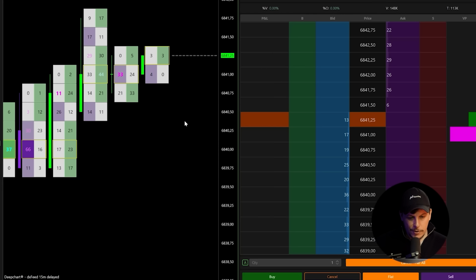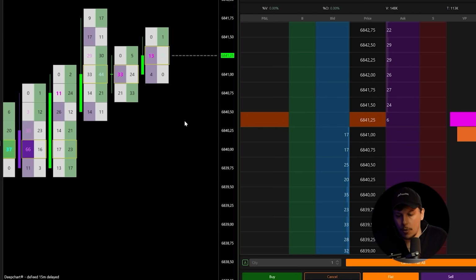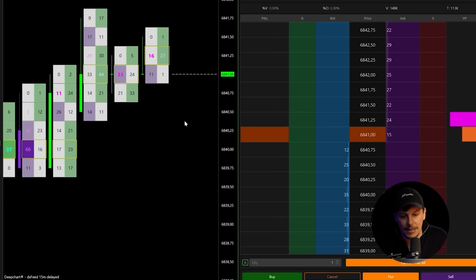So now we are on the Orderflow platform, Deep Charts, and we will watch some live interaction between execution, so aggressive orders, and passive liquidity. As you can see, now we have 13 executed sell market orders at this horizontal level, 6,841, and now the price is rejecting.